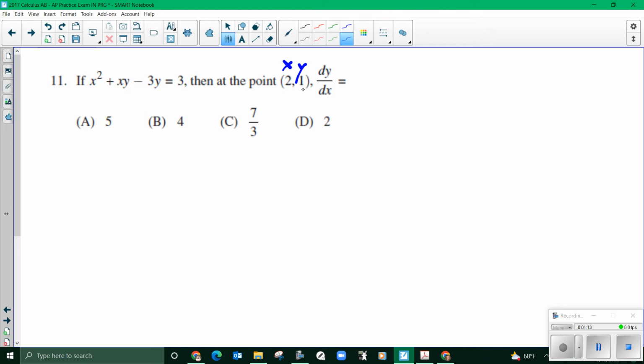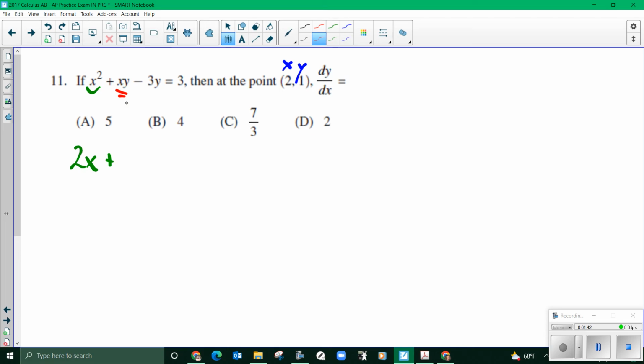All that means is you take the derivative of every x like you normally would, and you take the derivative of every y just like it's an x, except when you take the derivative of the y, you write dy/dx right next to it. Let's begin. The derivative of x squared is just 2x, plus, these two variables are being multiplied, so it's the product rule.